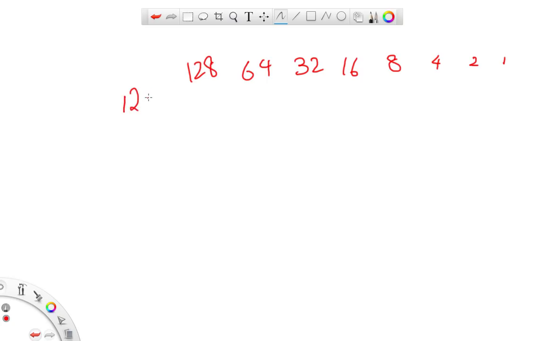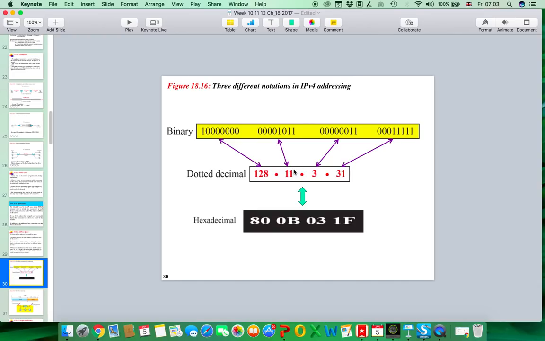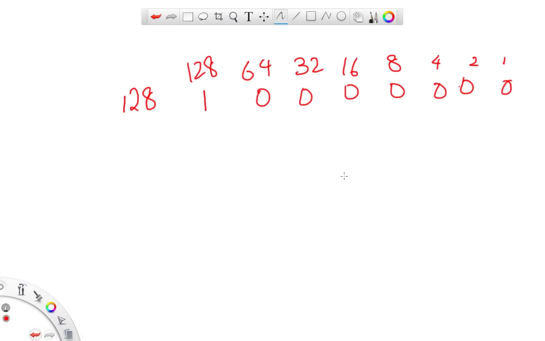If we have 128, put a 1 here and put a 0 in all other places. For 11, you have 8, 9, 10 and 11, and all the rest are zeros.